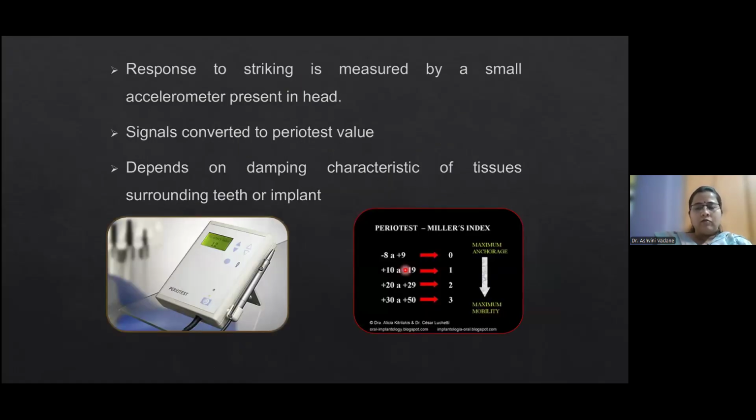By using that you can assess the osseointegration. As per Miller's index, a higher index suggests maximum mobility, and the 0 Miller's index indicates maximum anchorage. We need the maximum anchorage.